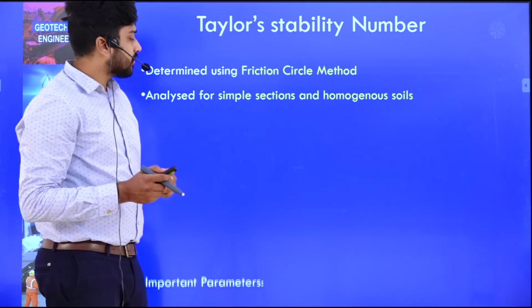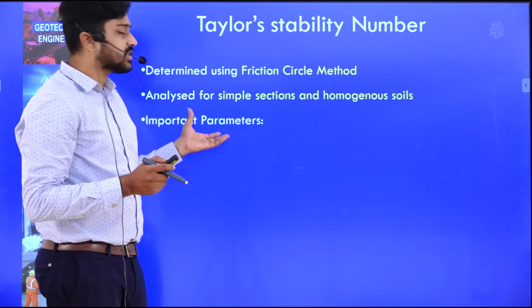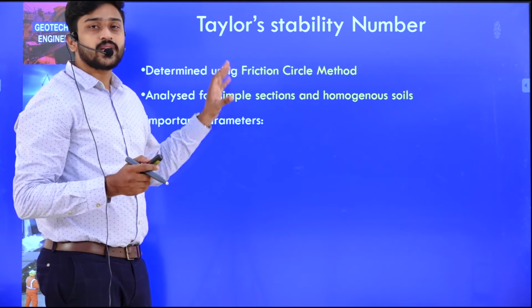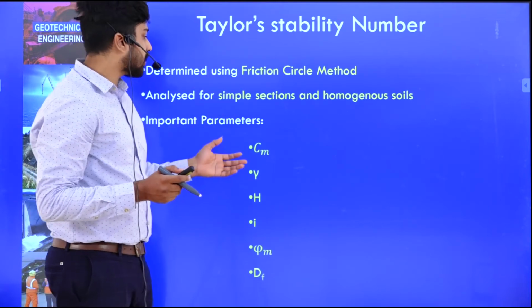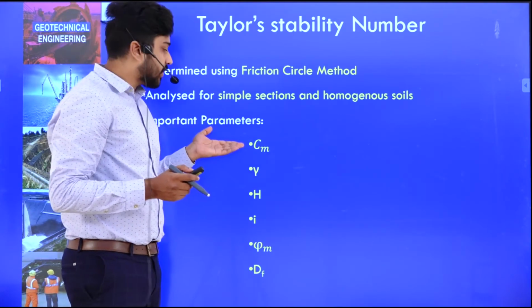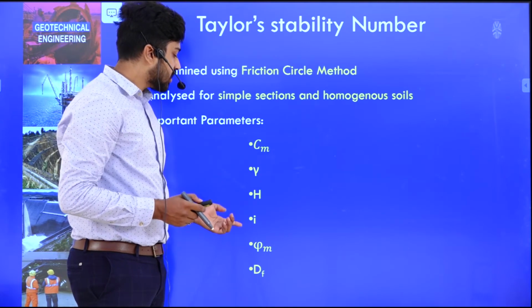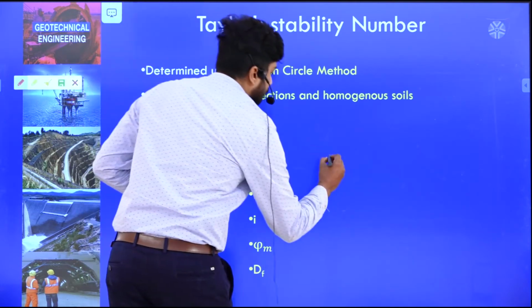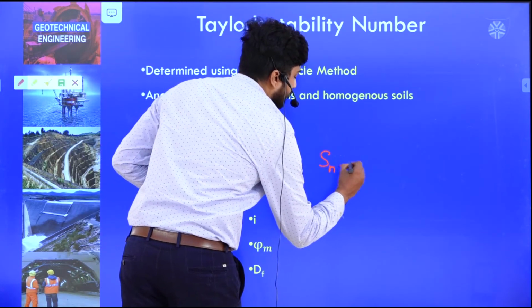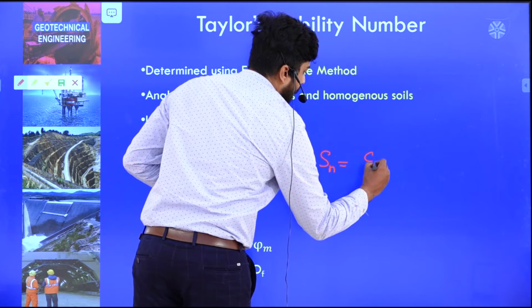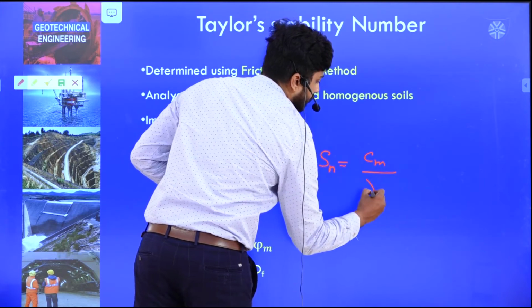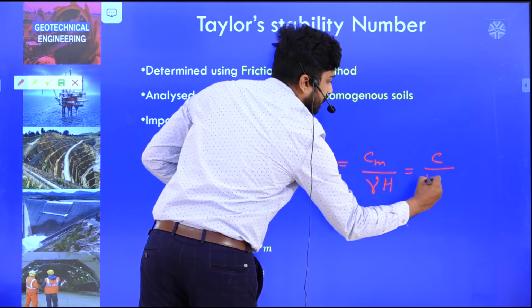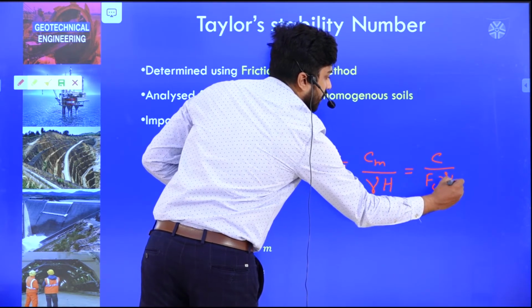Now here he stated that there are certain important parameters. So what are those important parameters? We know it depends on Cm, gamma, h, i and phi m. From our basic formula, Sn is equal to Cm by gamma h, or c by Fc gamma h.